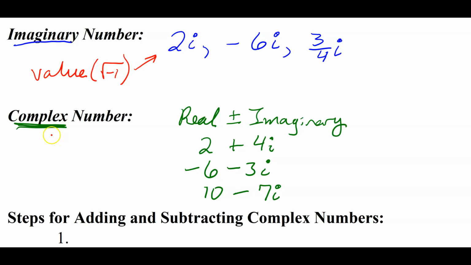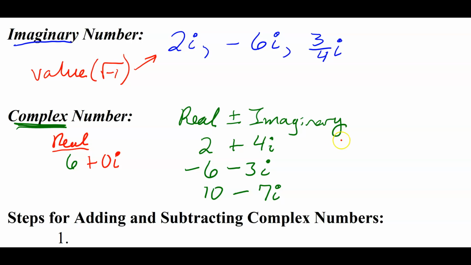So on the real side, if I have, say, the number 6, if I need to stick an imaginary piece on there, I just say plus 0i. So now I have written it in complex format.